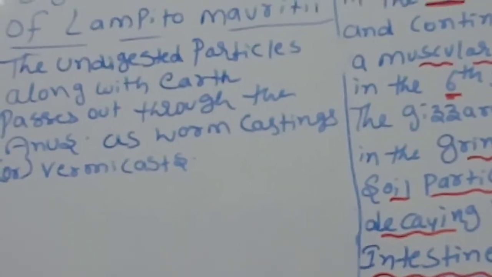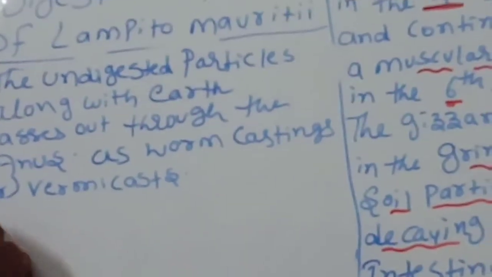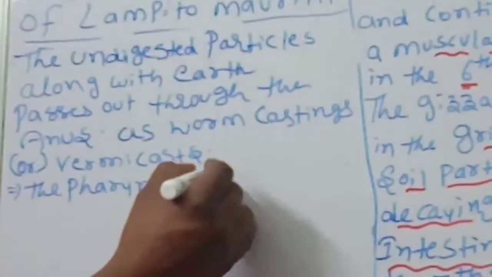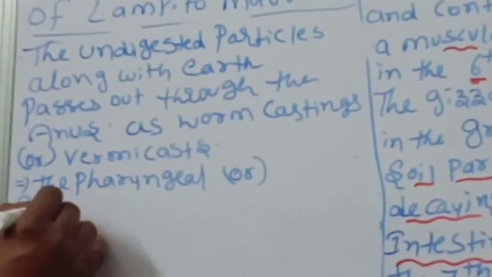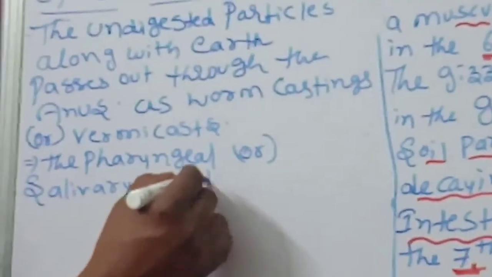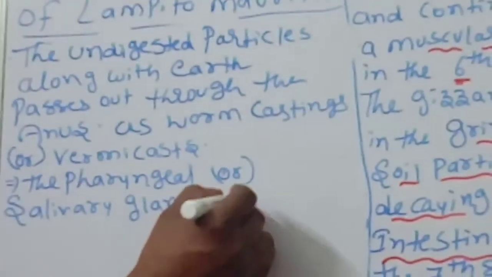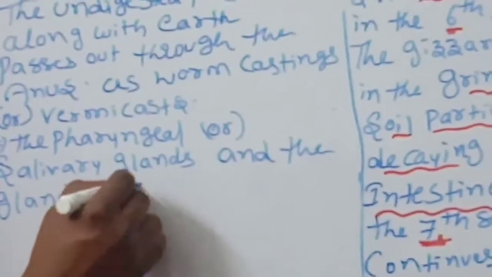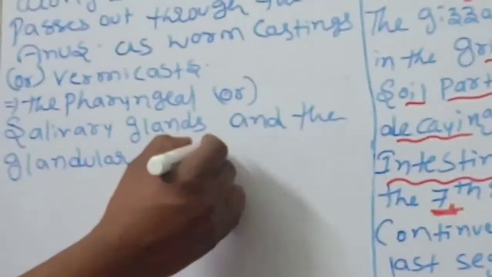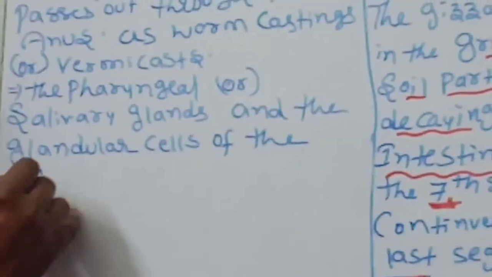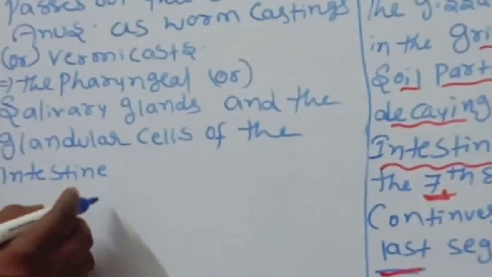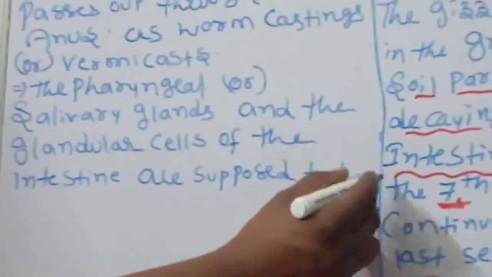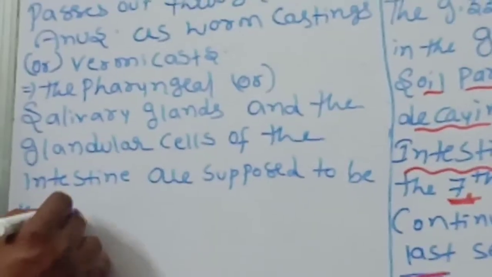Okay, children. Next, the very, very important, the pharyngeal or salivary glands and the glandular cells of the intestine are supposed to be the digestive glands.